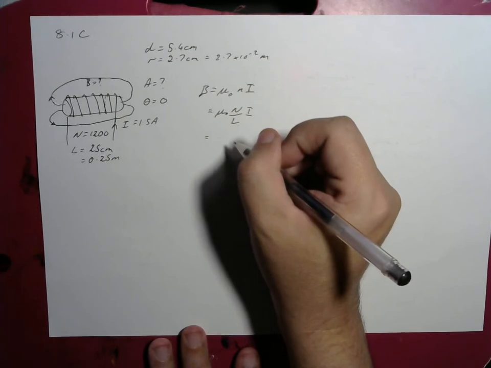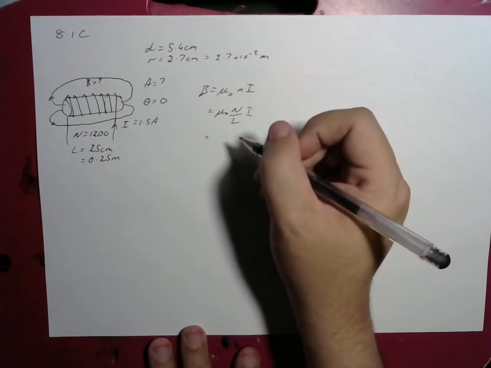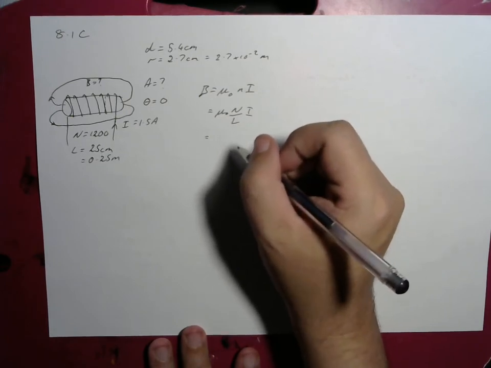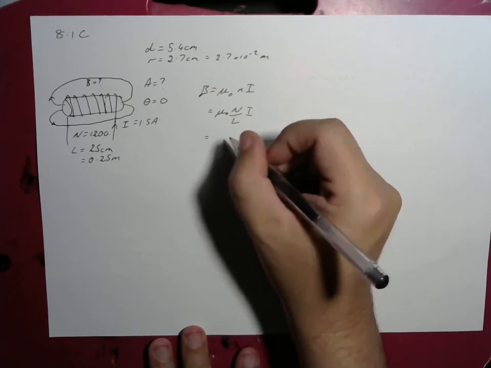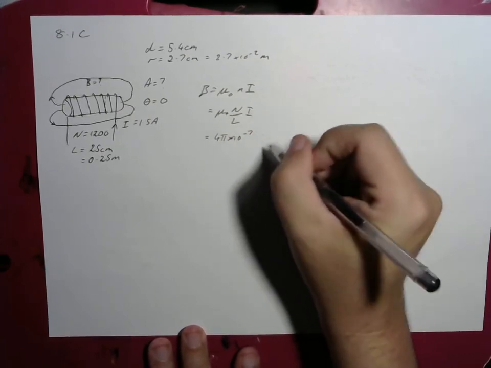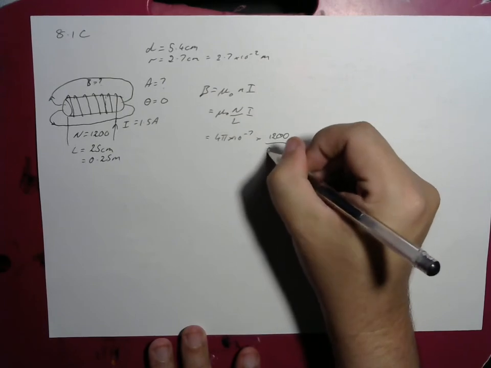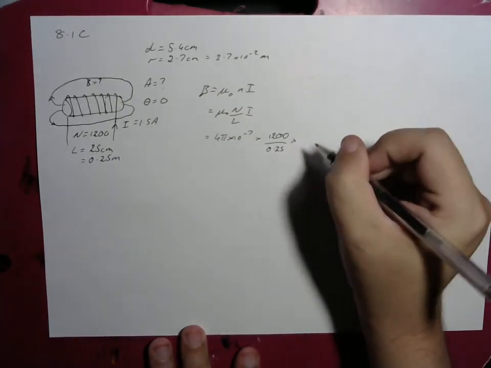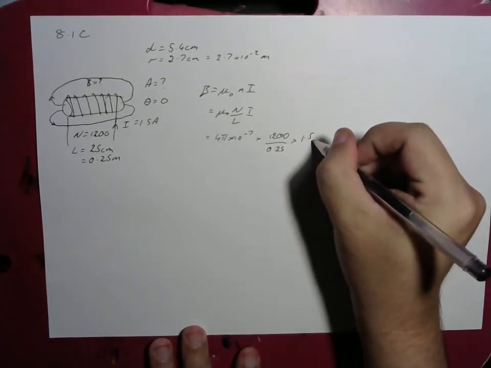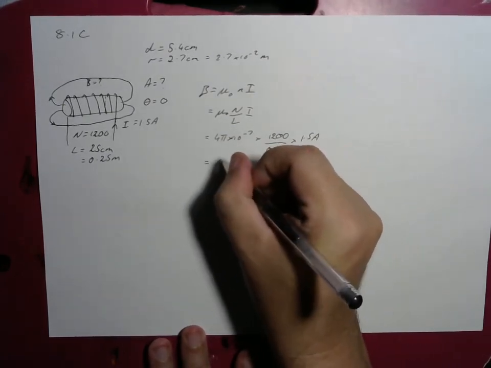Okay. Now mu naught is equal to 4 pi times 10 to the negative 7, isn't it? Let's just put the actual value in. 4 pi times 10 to the negative 7 times 1200 divided by 0.25 times a current of 1.5 amps.